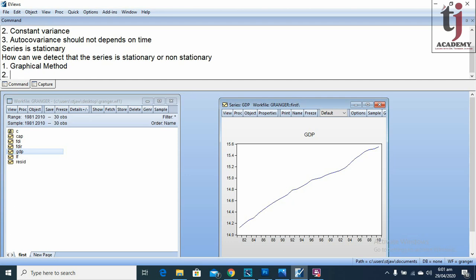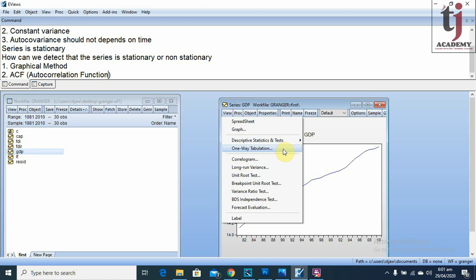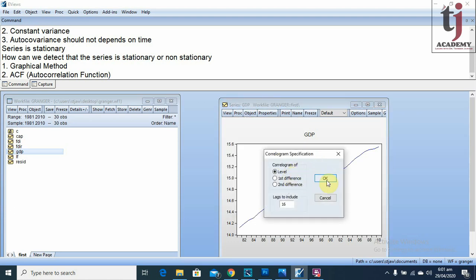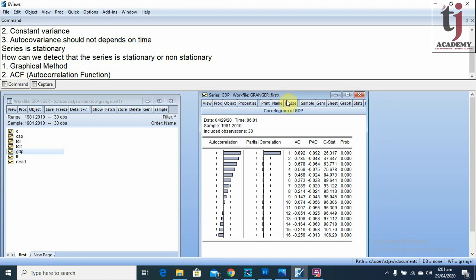Second one, autocorrelation function. For this, we view the correlogram, and this shows the autocorrelation function values.